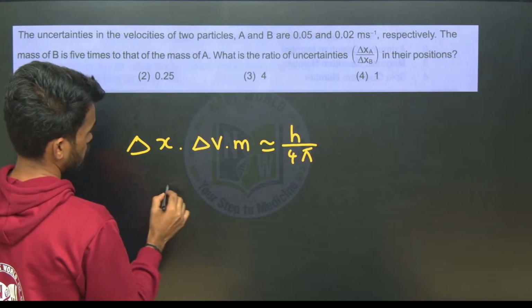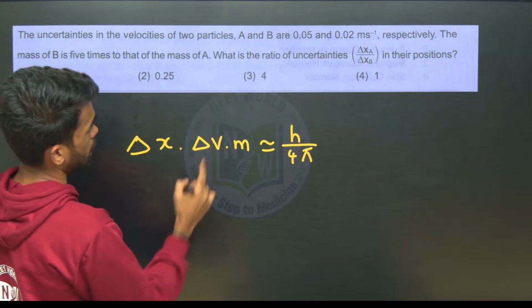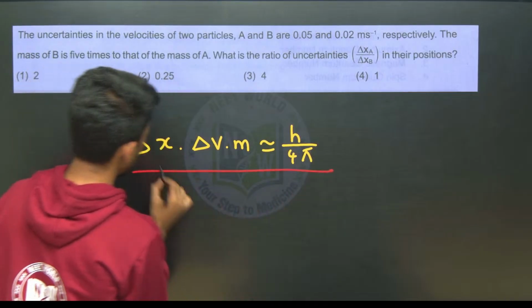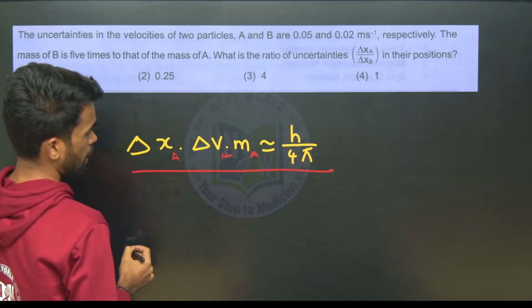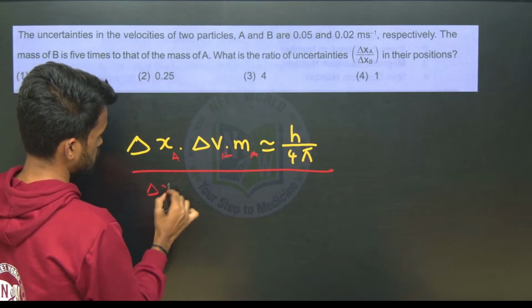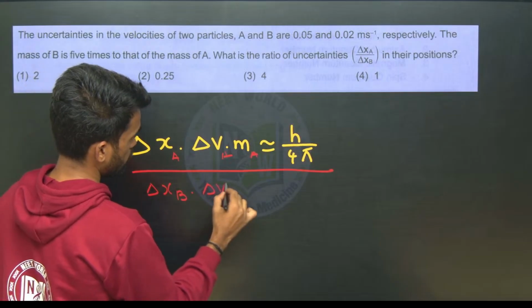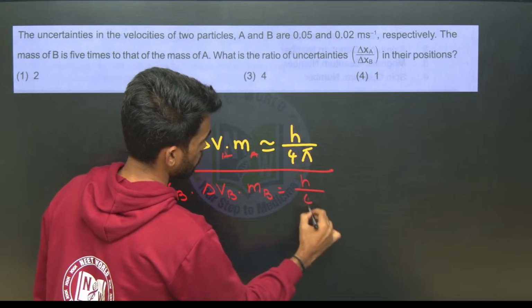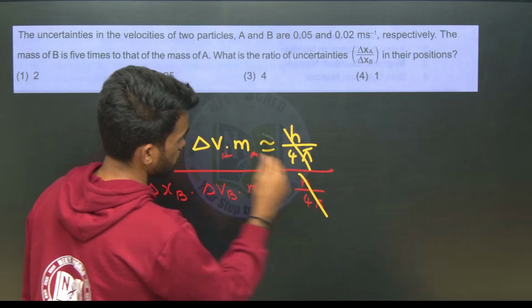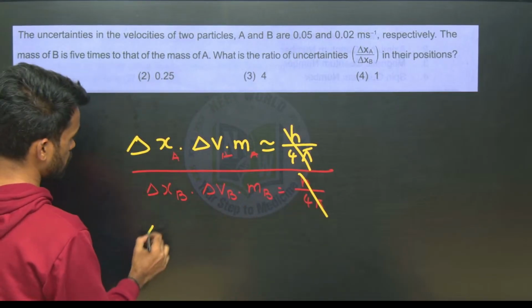I can write this for A, and for B I can write delta xB, delta vB, mB, h by 4 pi, which can be removed here.